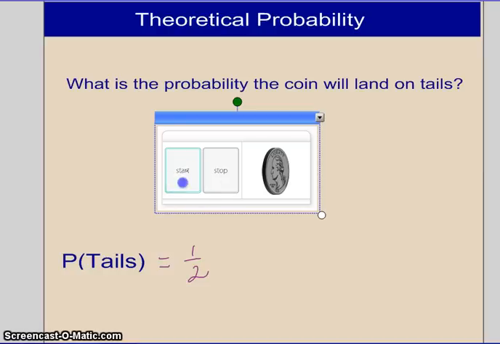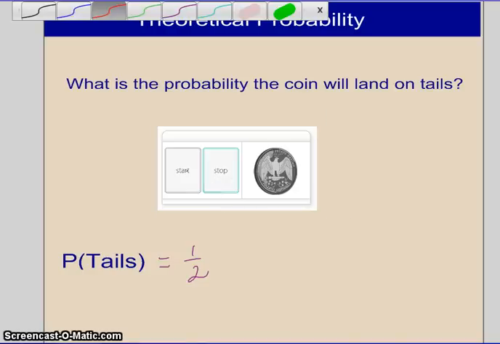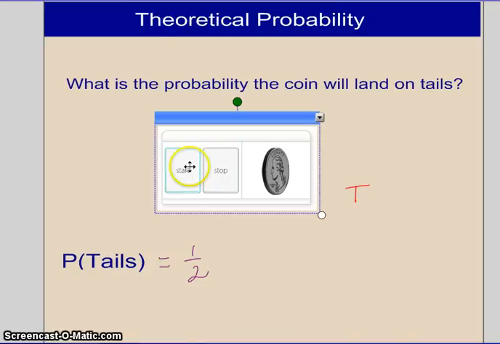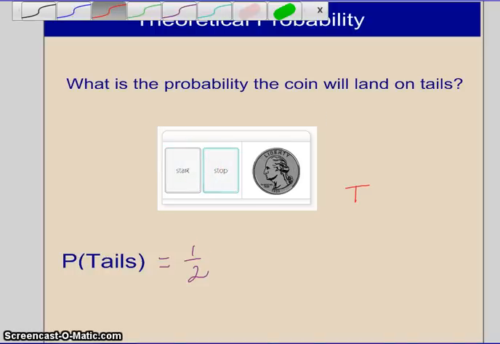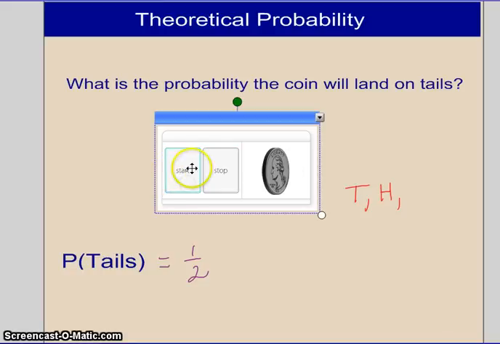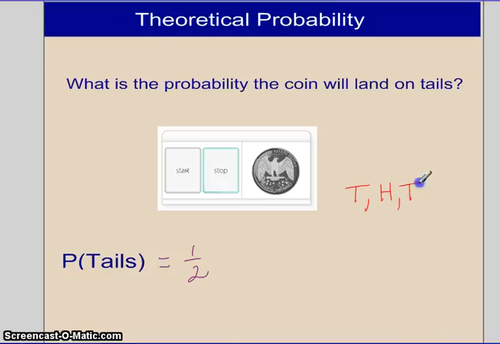So on our first coin toss, we get tails. On our second coin toss, we get heads, and that's kind of what we think is going to happen, right? On our third coin toss, we get tails, again, what we would think would happen.